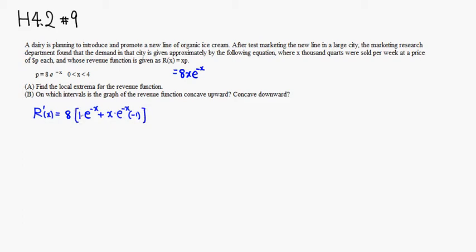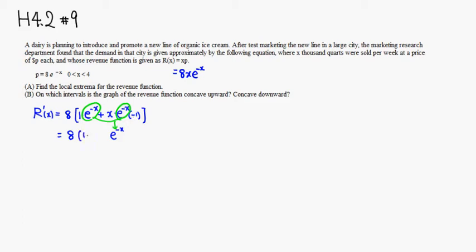If you simplify that, you get this. 8 is there, then e to the negative x is in common, so I'll factor that out. What's left is 1 minus x.